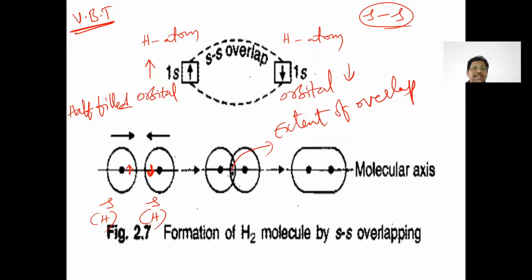The 2 electrons will be paired, 1 electron clockwise and 1 electron anti-clockwise. Like this, between the two 1s orbitals, this electron pair will be present, between the nucleus of one atom and the nucleus of the other atom.